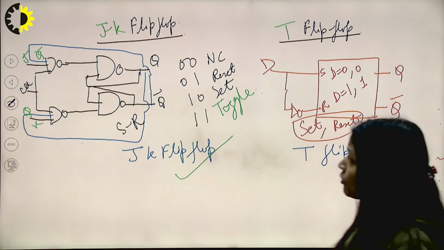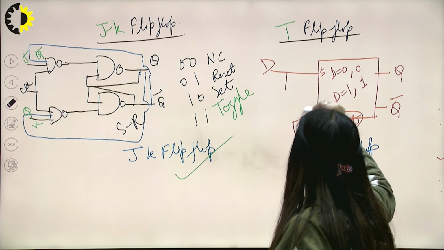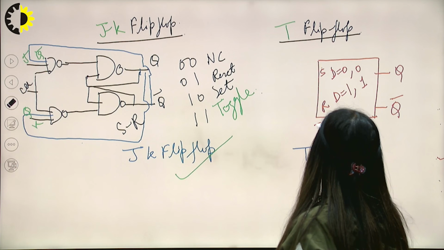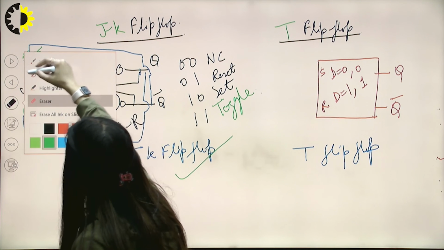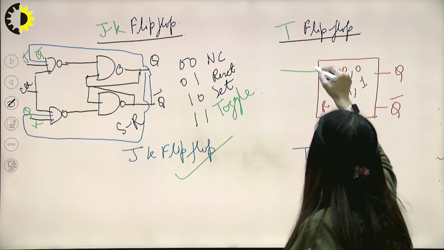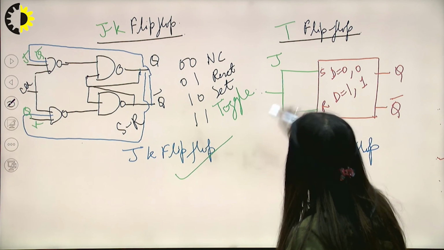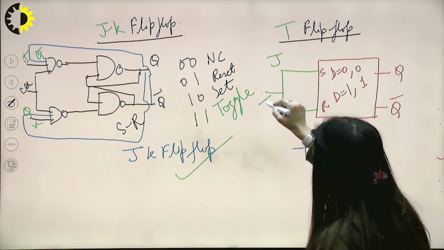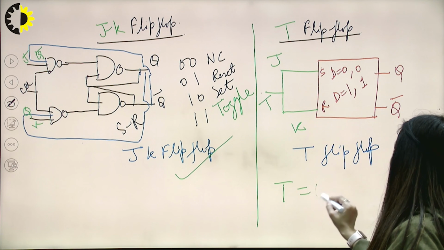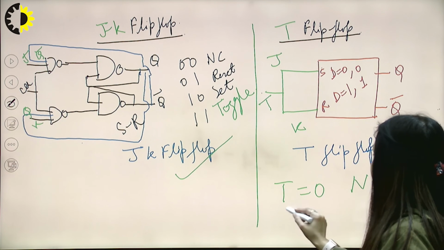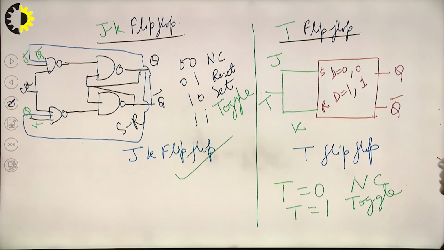So for the T flip-flop, what we can do is this J and this K are now shorted, and one input which has been given is known as T. So for T equal to 0, there is no change, and for T equal to 1, there is a toggle state.